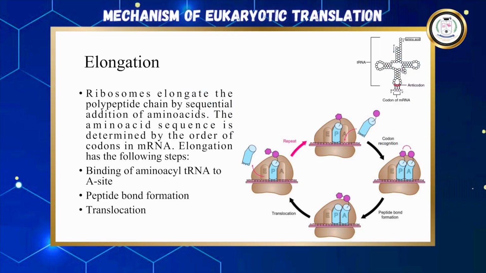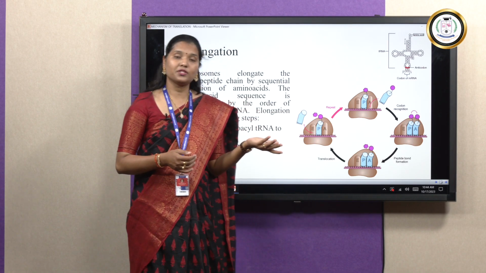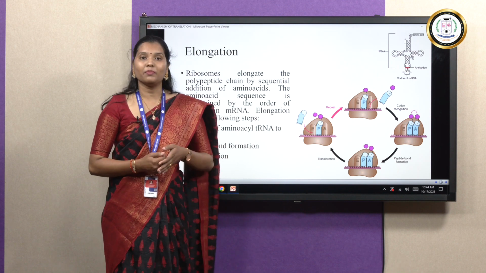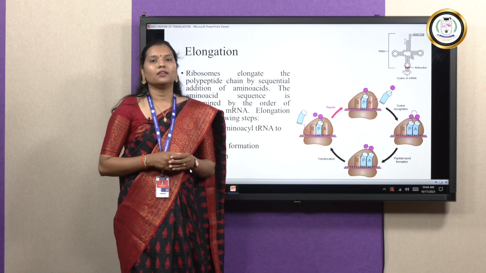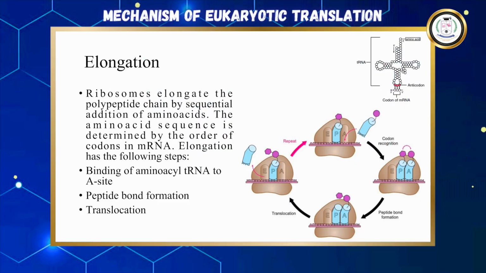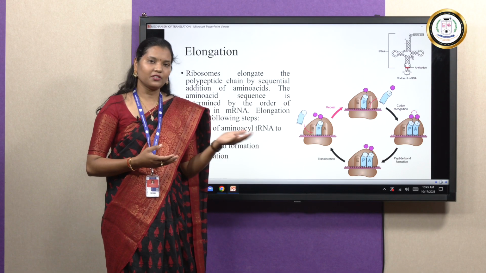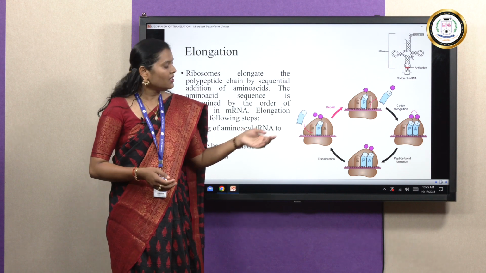Now, in the ribosomal complex, we have 2 amino acids already added. During this process of binding of aminoacyl tRNA, the elongation factor 1 is involved here, and we need a molecule of GTP also, because this process does not need any energy, since the amino acids are already activated, so there is no need of any energy.